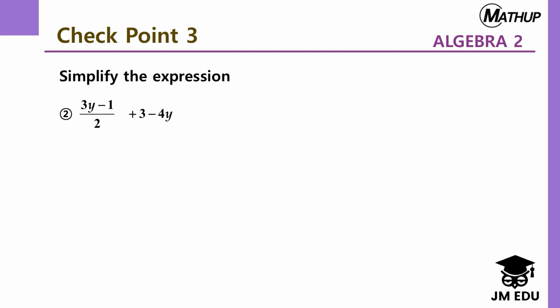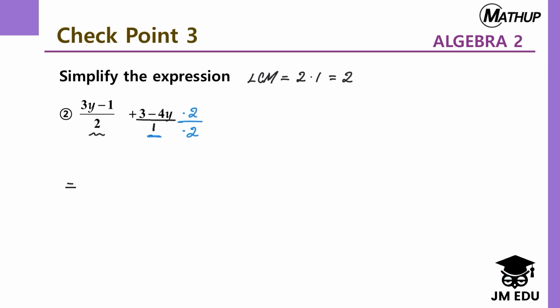Okay, number 2. We have a polynomial in fraction form here, but this is not in fraction form, right? So we're going to write this expression 3 minus 4y in fraction form, then that's going to be 3 minus 4y over 1, right? So our least common multiple of 2 and 1, we must have at least 1 two, 1 one. That's just 2, right? So what I'm going to do is multiply by 2 here and here, to make the denominator 2.